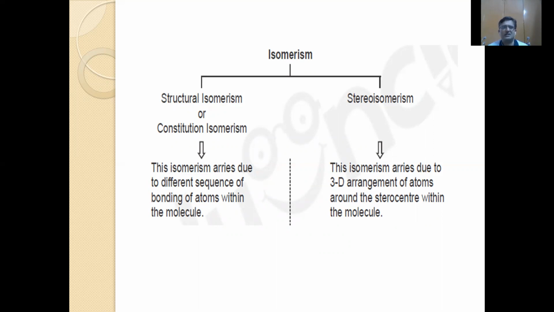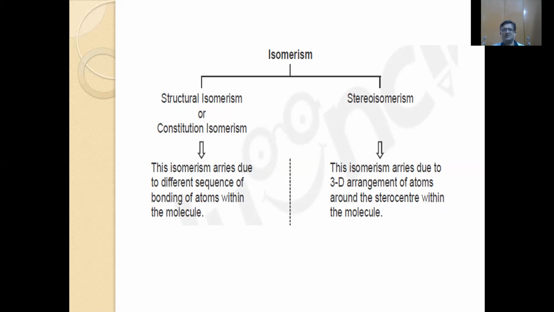It is also called constitutional isomerism, and it arises due to different sequences of bonding of atoms within the molecule. That means you have seen chain isomerism, functional, positional, ring-chain isomerism, and even tautomerism and metamerism. All these are included in structural isomerism.